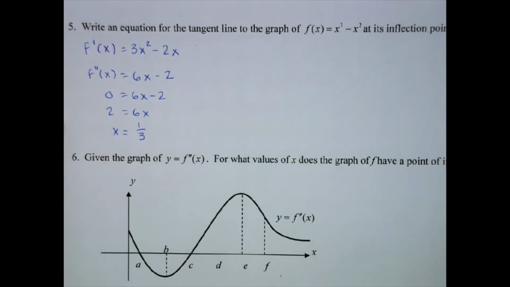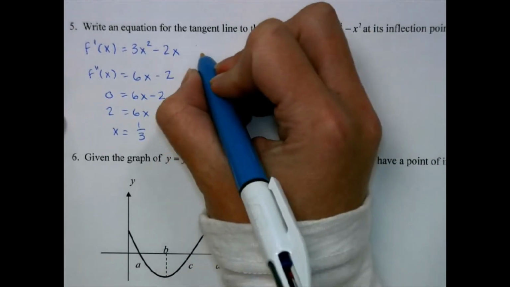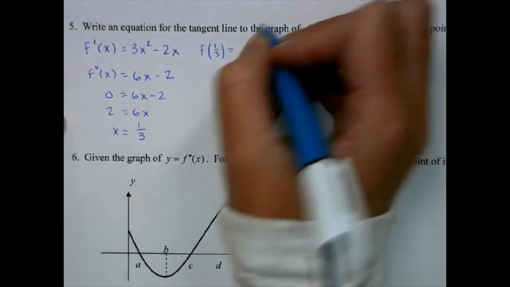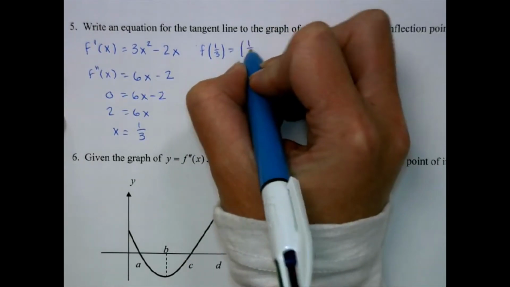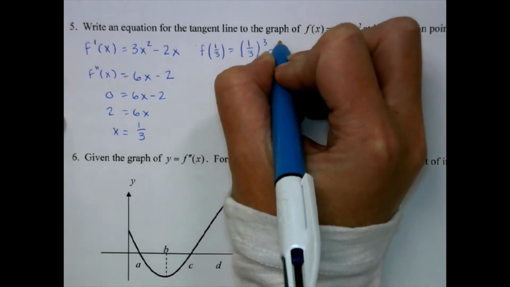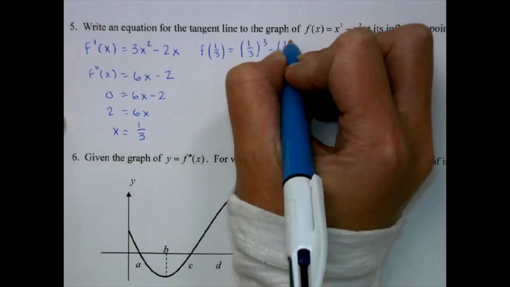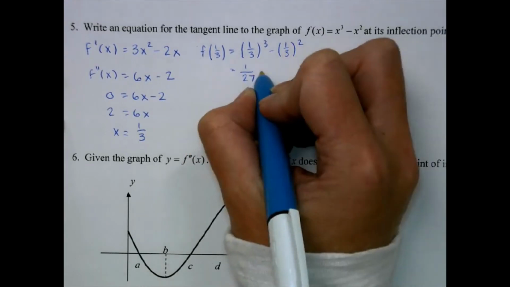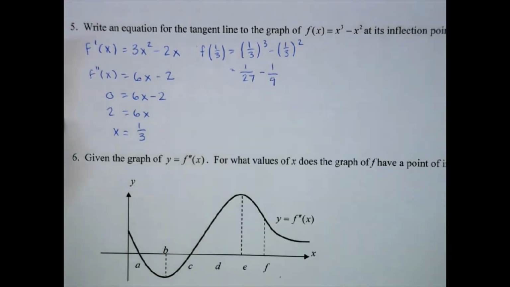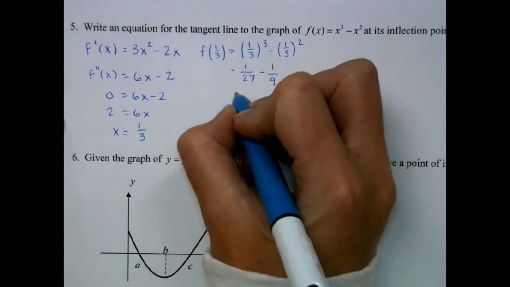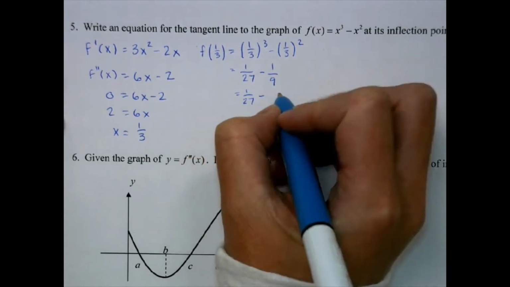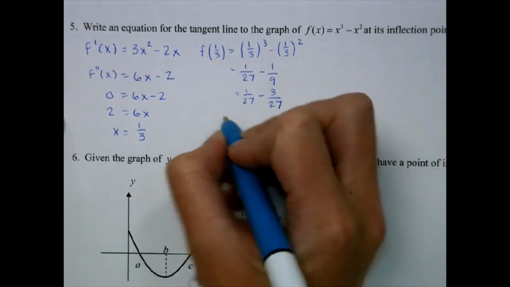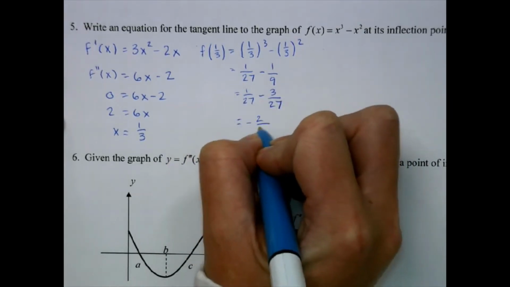So that's our location. Then I need to find my point and my slope. We'll find the point by plugging 1/3 into our original function. So this will be 1/27 minus 1/9. If I get a common denominator by multiplying by this 3/3, the y value will be a negative 2/27.